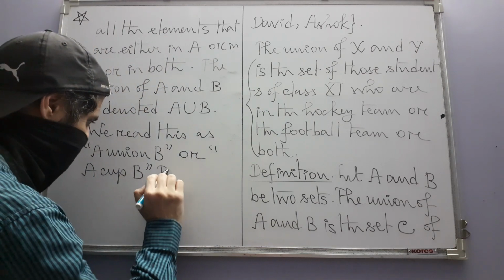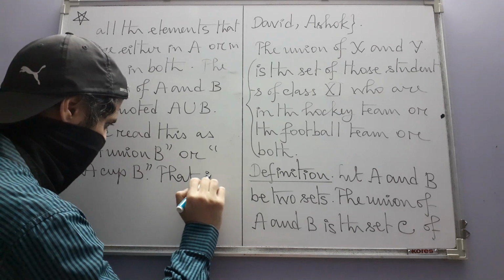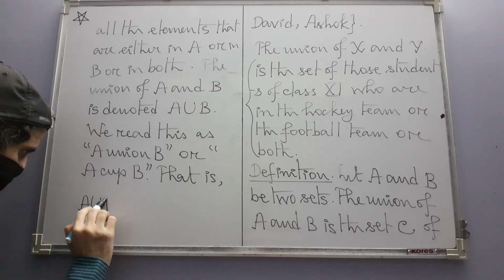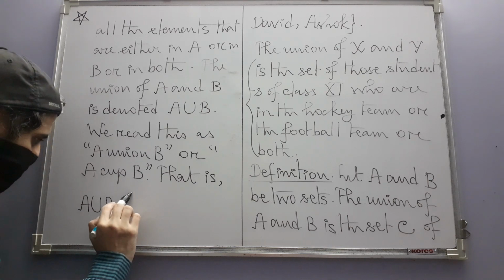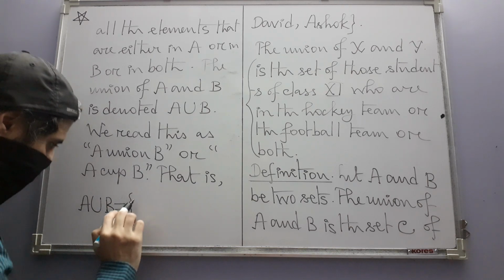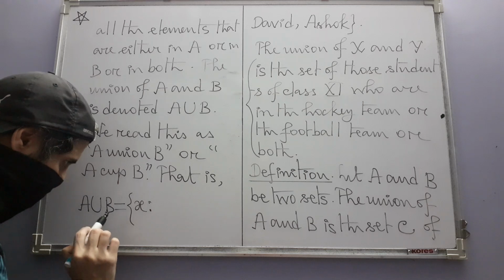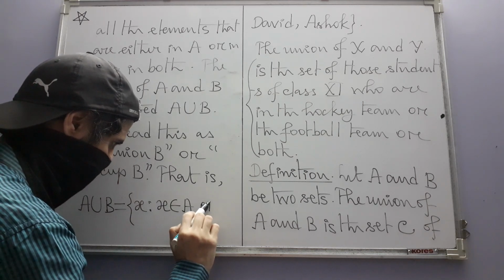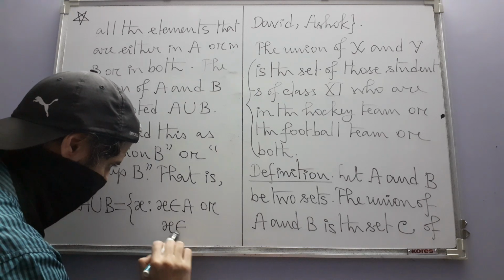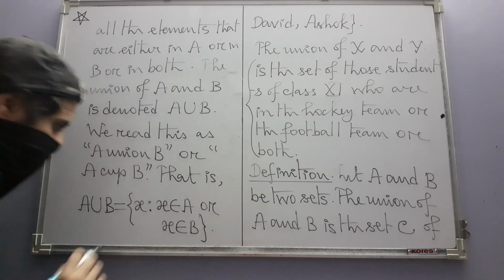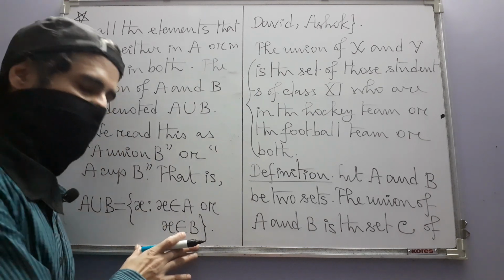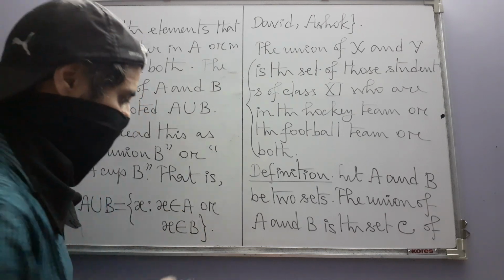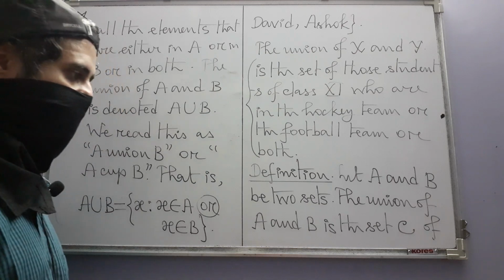That is, for two sets A and B, A union B is the set of all elements X such that X belongs to A or X belongs to B. It seems like, yes, we have got the idea fully here, but there is a problem. Problem with this word or.